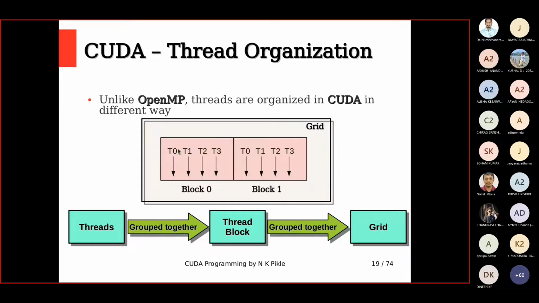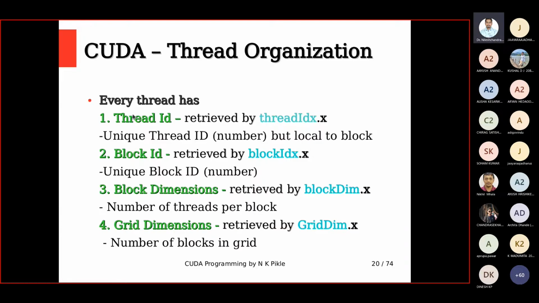Fine. So now these are the 4 parameters that we can retrieve from each thread, right? Inside your GPU kernel, we can retrieve these values. For example, let's say you want to find out the corresponding thread ID. We'll be using the syntax threadIdx.x, right?